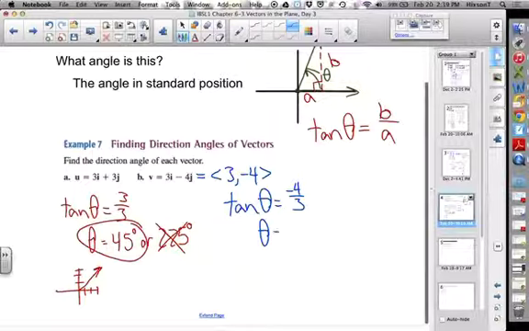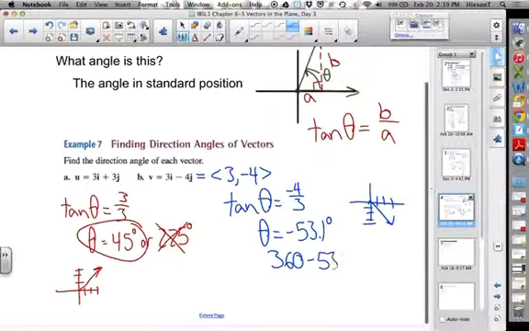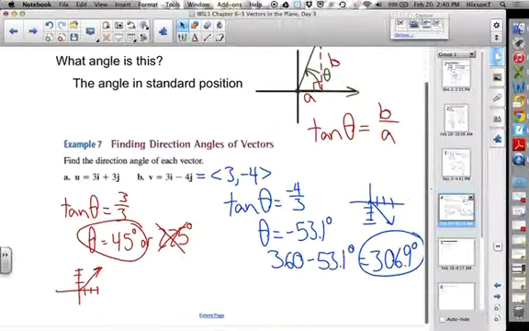And the theta, if you put it in your calculator, will be negative 53.1, but 3, negative 4 is that way, so we want the fourth quadrant, so that's going to be 360 minus 53.1, which is 306.9 degrees. Good job.